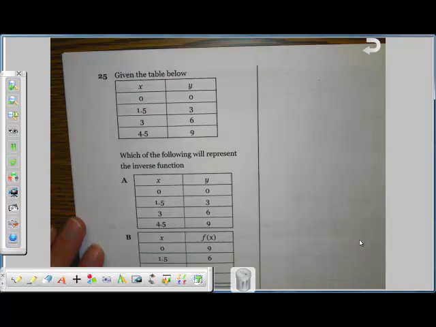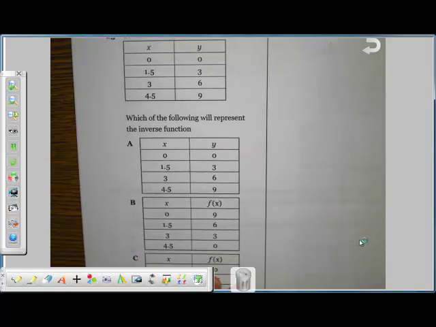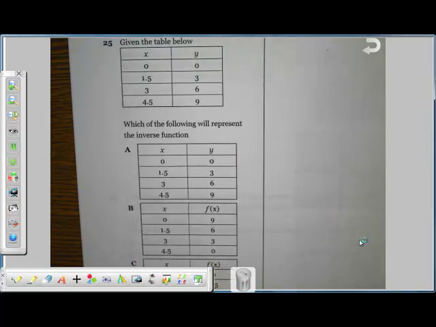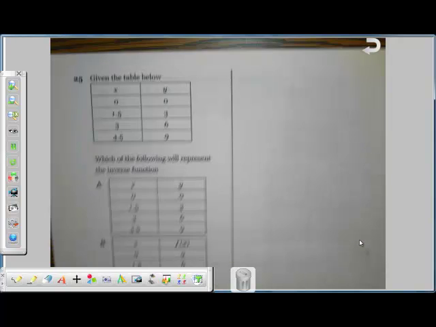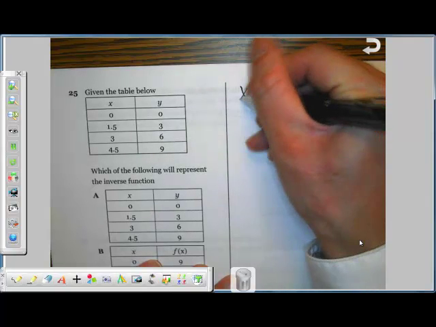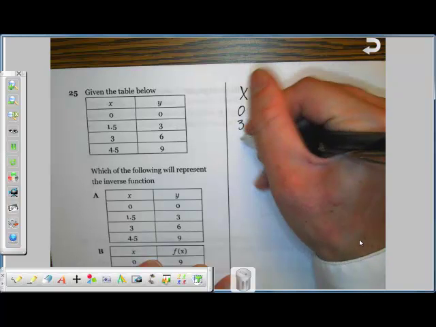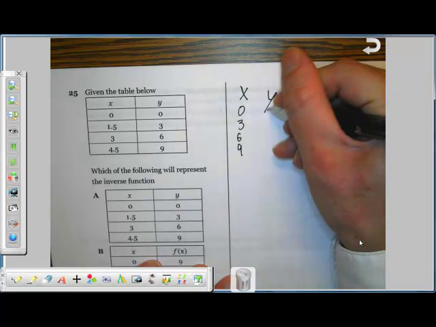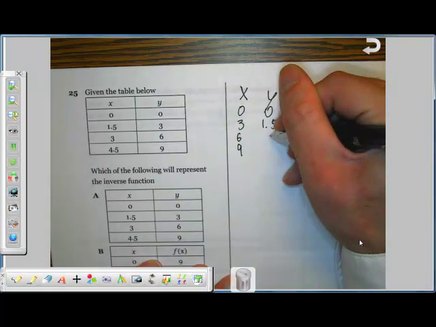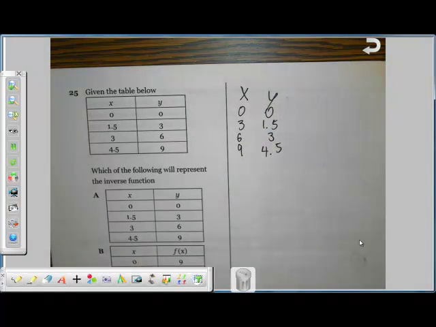Given the table below, which one represents the inverse function? So again, we are looking to swap the x and the y values. So, we can go on ahead and make our own right here off to the side. Our new x is going to be our old y. So, we're going to have 0, 3, 6, 9, and 0, 1.5, 3, 4.5.